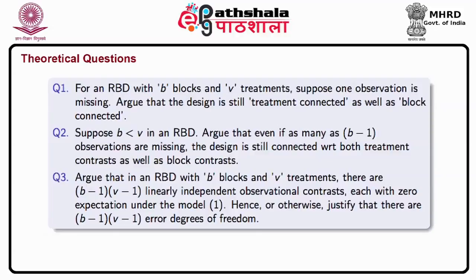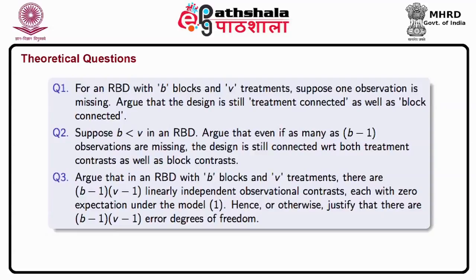You show that indeed in an RBD there are B minus 1 times V minus 1 linearly independent observational contrasts. Observational contrast means observations with coefficients plus minus 1 and 0, so that their expectation is 0. So each of these observational contrasts should have 0 expectation, they should be linearly independent, and then that will justify that you have got so many error degrees of freedom.